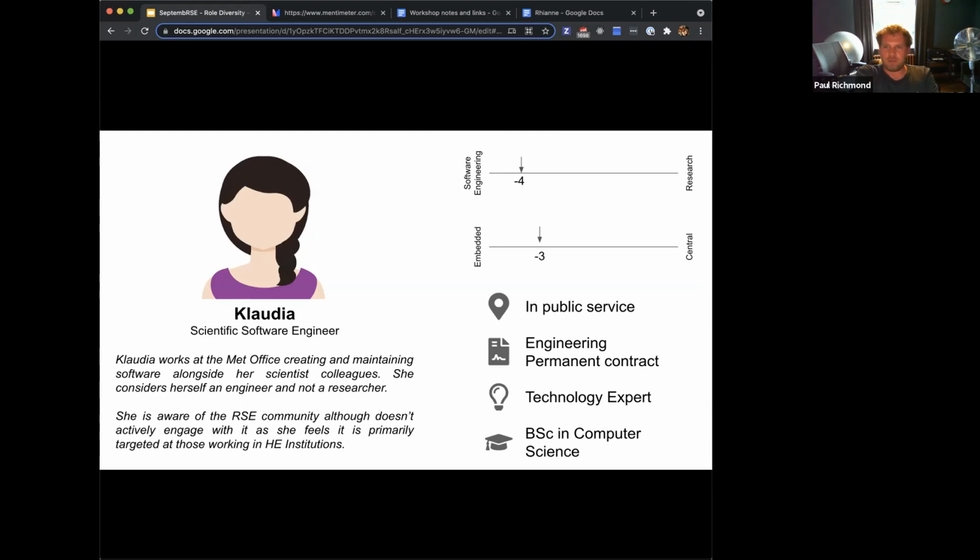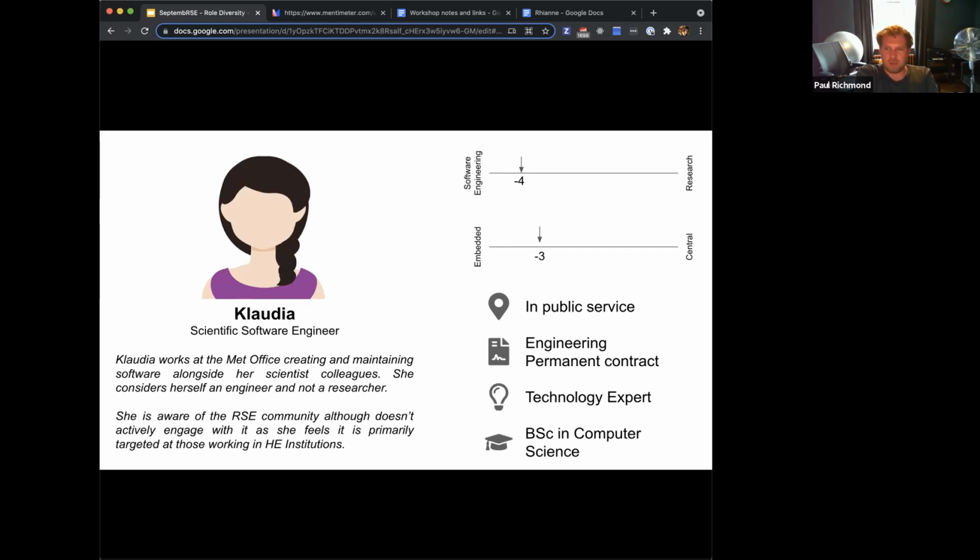And likewise, there's some really good stuff that Claudia is likely to do in the Met Office that we don't get opportunity to with higher education RSEs. So things like professionalism around group software development, where they're maintaining products, working with people like product managers, which is something that doesn't tend to happen so much within academic RSE groups. So that kind of sharing of knowledge would be hugely useful.